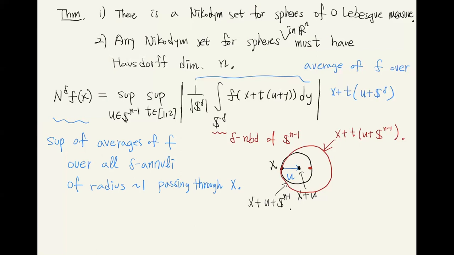So to prove the second statement, we need to show the following type of estimate. The L^p norm of M delta f is bounded by C_{p,epsilon} times delta to the minus epsilon times the L^p norm of f, for any epsilon, for some finite p.